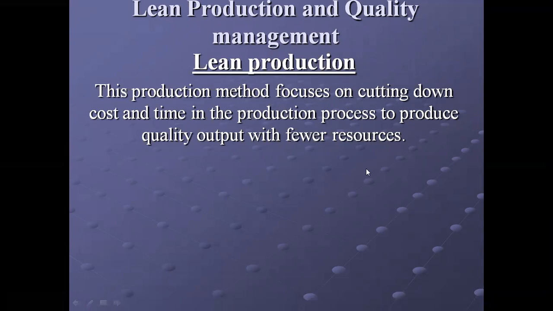Remember. But what happens when you achieve lean production? You are able to satisfy customers as well, because you are able to produce the quantity which is required by the customer. And obviously, fewer resources will be required. How?